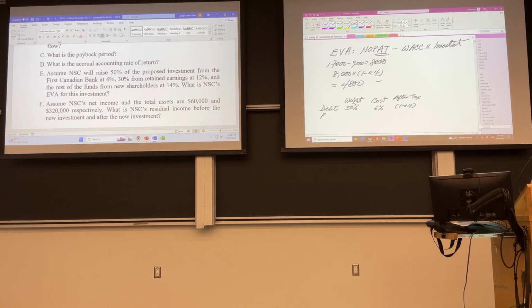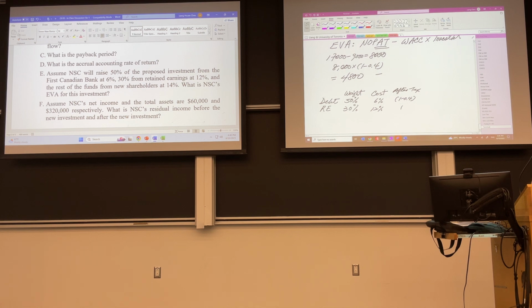Now retained earnings, 30%, need 12%. Too bad, no tax savings, 1 for 1. Okay, new shares, the leftover 20%, so this adds up to 100%. They require 14%, so 1 for 1.